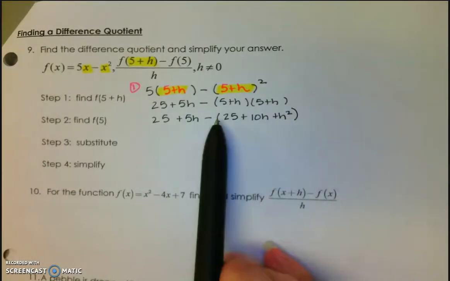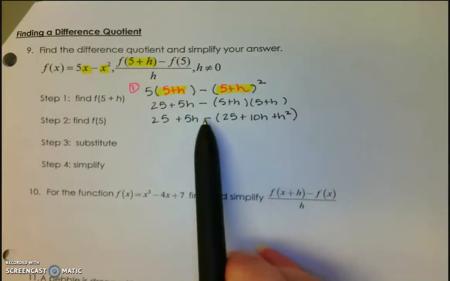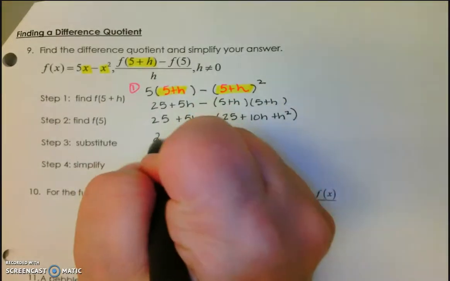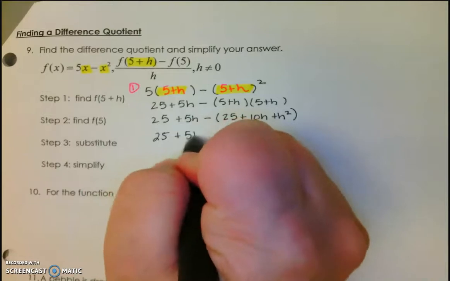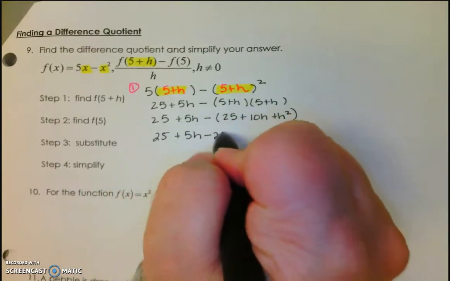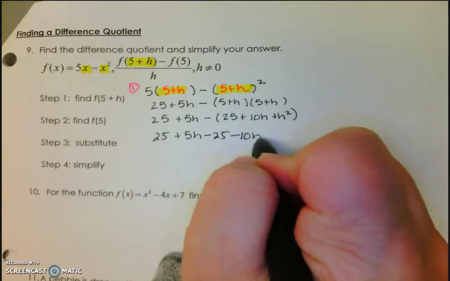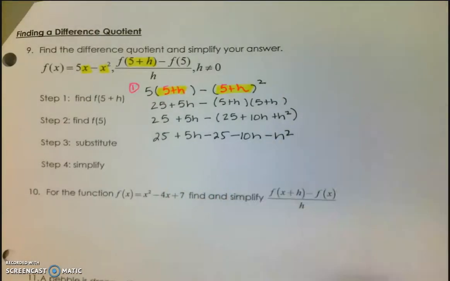Now notice I've kept the parentheses around that, and that's important because now we have to distribute this negative. 25 plus 5h minus 25 minus 10h minus h squared.